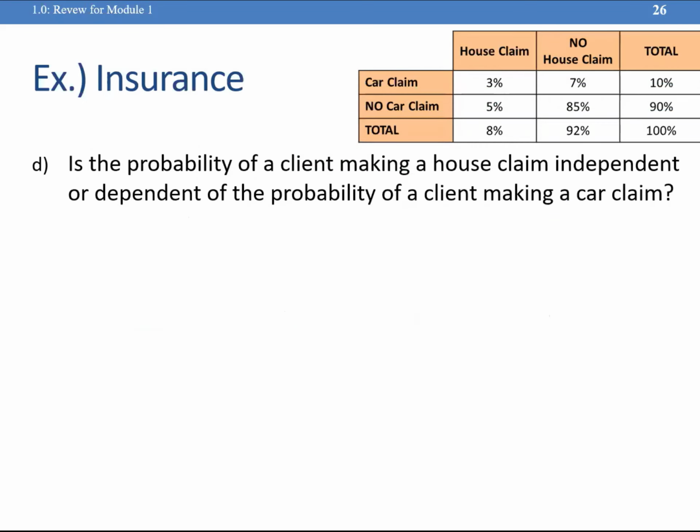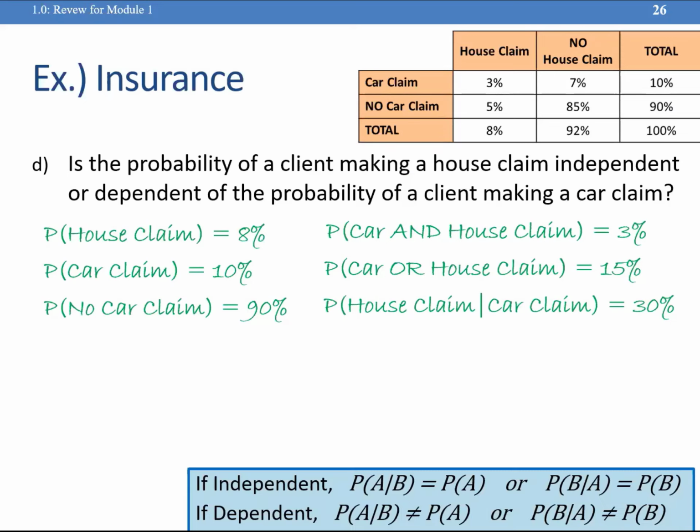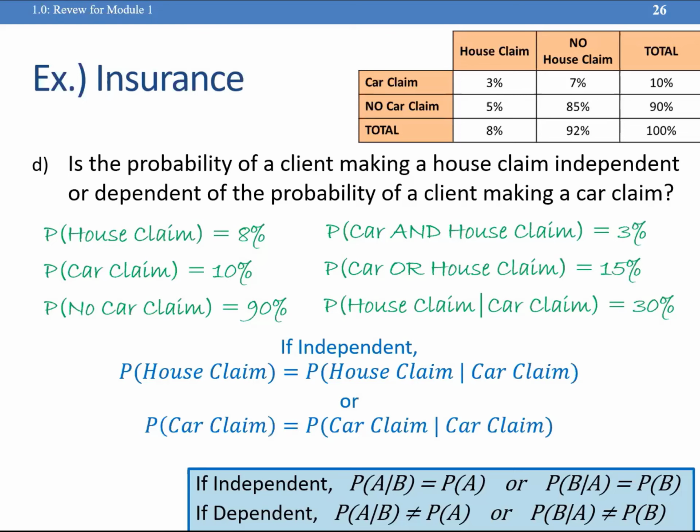Now, is the probability of a client making a house claim independent or dependent of the probability of a client making a car claim? Now we're going to answer this question. So this is the information we've collected so far, and let's remind ourselves of our definition of independent and dependent. I'm going to test for independence, to see if this independent statement holds up.